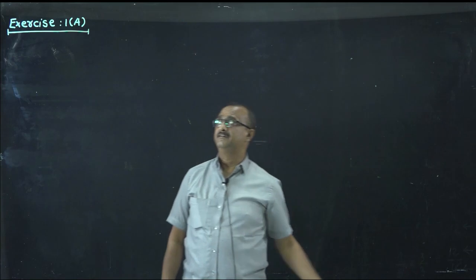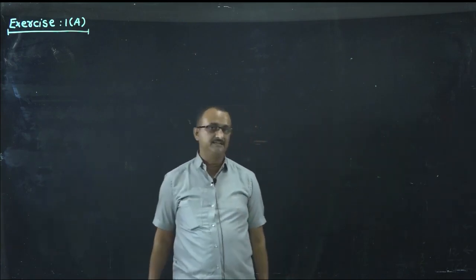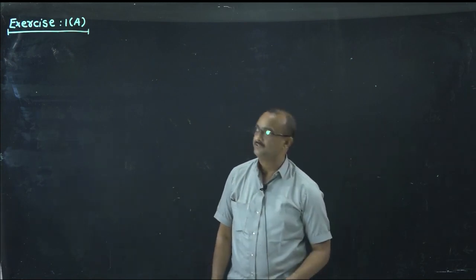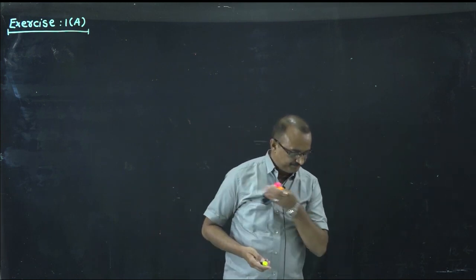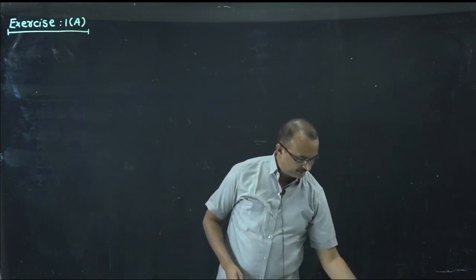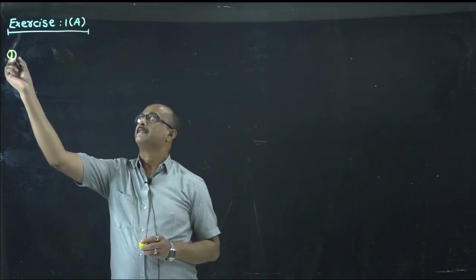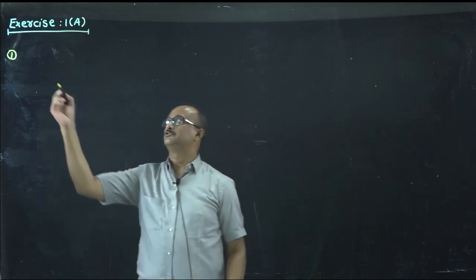Okay students, now we are going to start our exercise 1A. There are total 25 questions in the first exercise. Okay, we are going with the first sum. The first question is given: the inverse ratio of 11 is to 15.